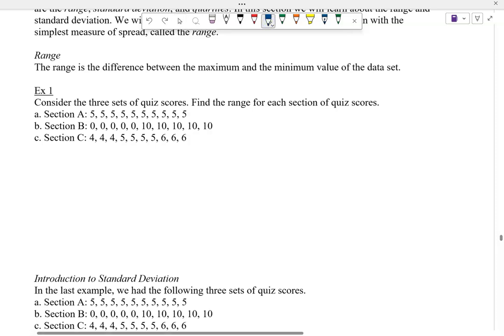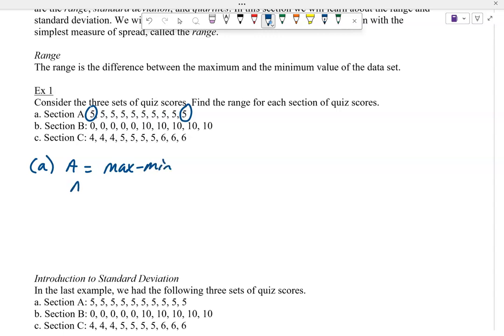Okay, so if you notice section A, for A, the max is 5 and our min is 5. So the max minus the min here, the range for A data is 0, right?